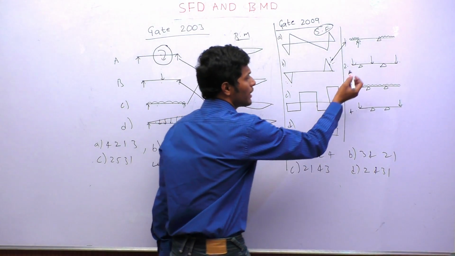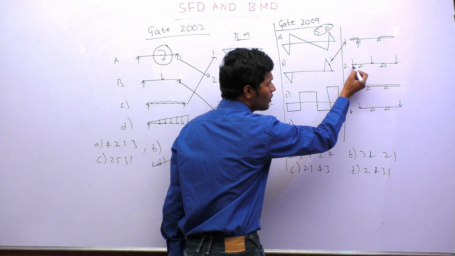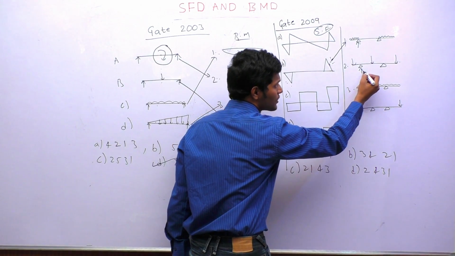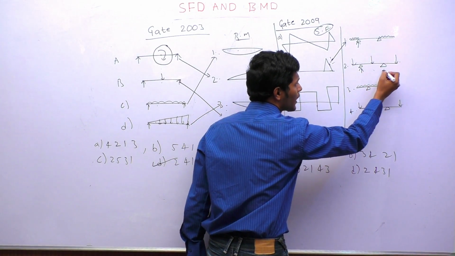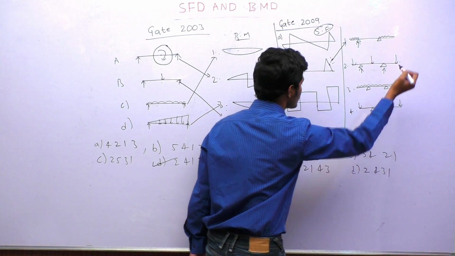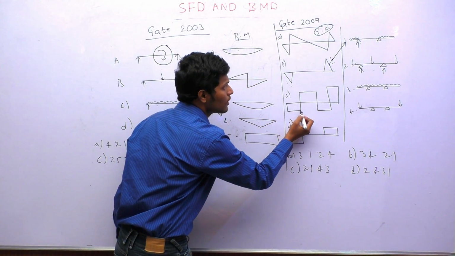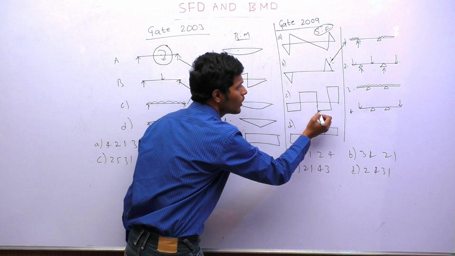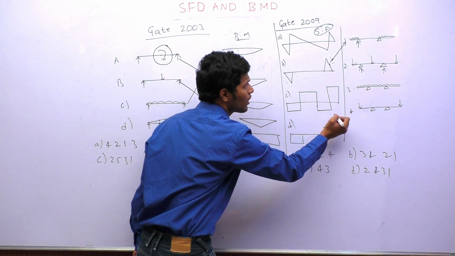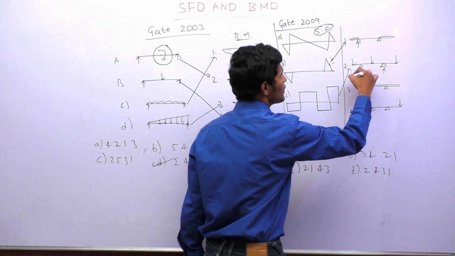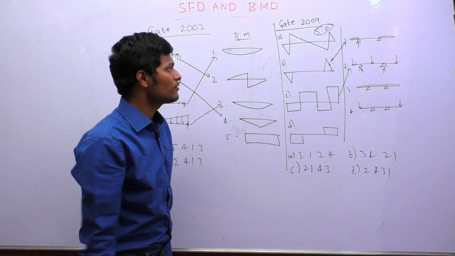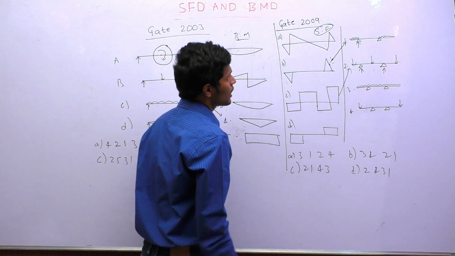Okay. Next, there is downward load. Next, there is upward reaction. Next, there is downward. Again, there is upward reaction. Again, there is downward. So here we can see this. There is downward, upward, downward, upward, downward. So which means this is going to be the answer for this. Okay.